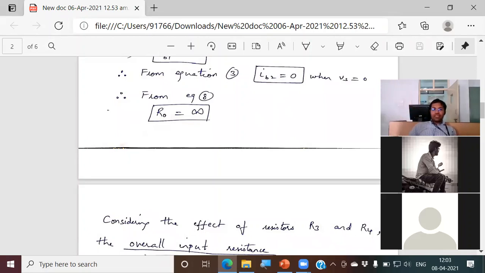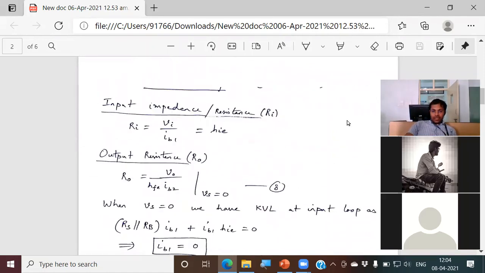But the equivalent resistance changes. That is the reason we can analyze them separately for voltage gain and for output resistance. Then to get the overall, you can simply take the parallel combination.